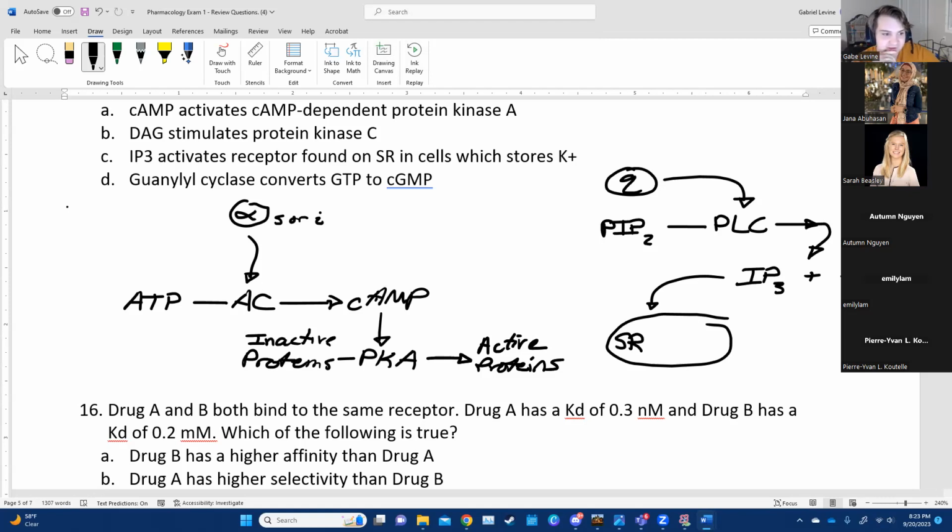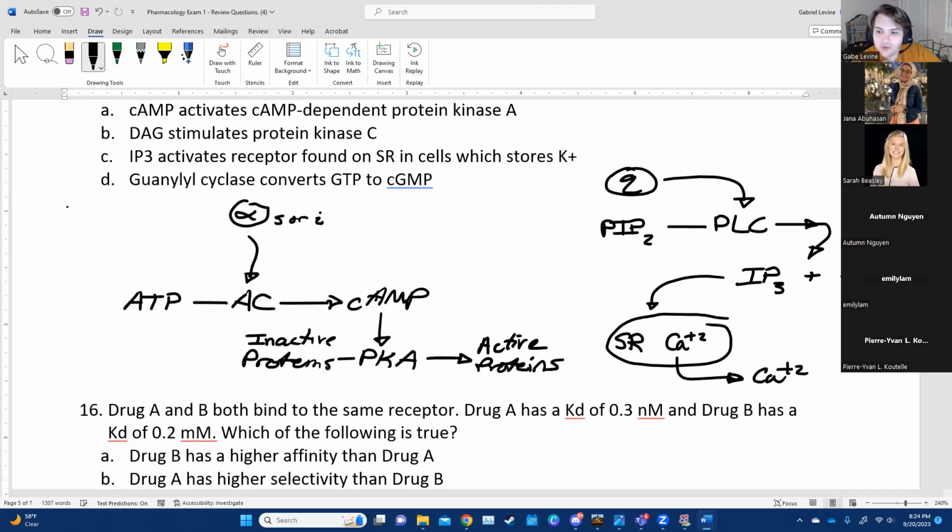Sarcoplasmic reticulum. Which is going to cause calcium efflux into the cytosol. So we have calcium in the cytosol.